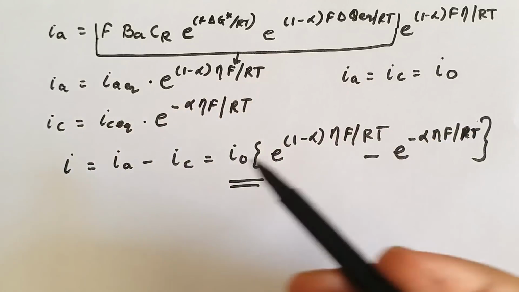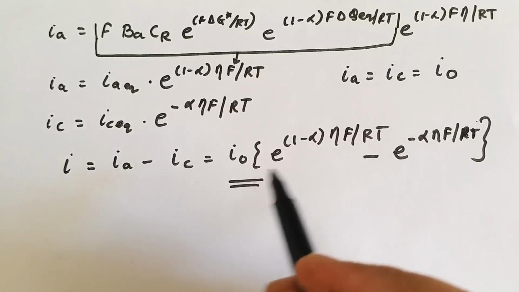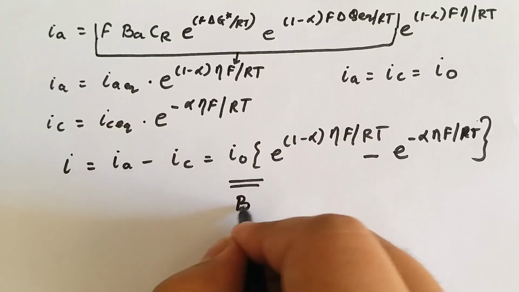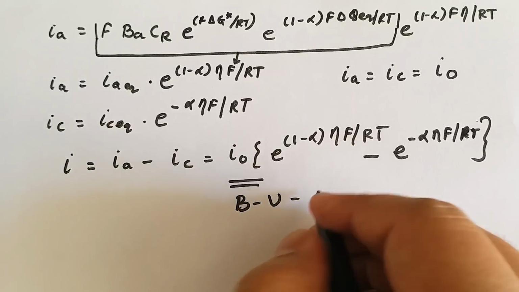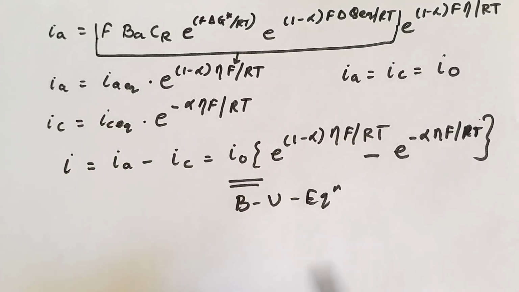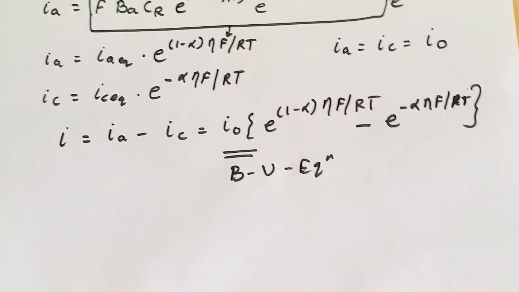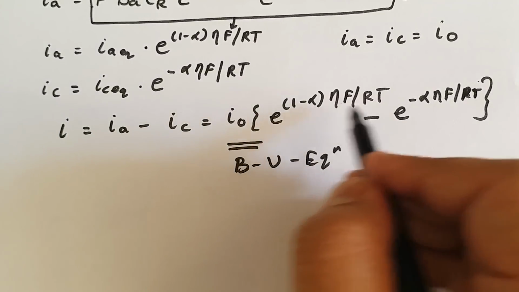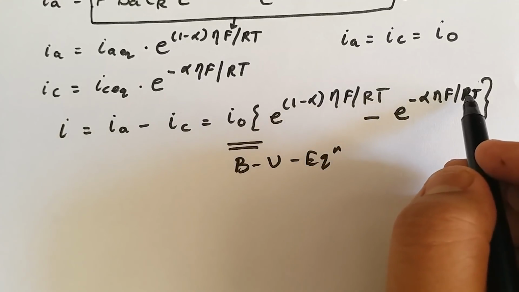So this representation of the net current in terms of the overpotential is known as the Butler-Volmer equation. And further, in order to get the Tafel equation, we will examine the exponents of this particular representation.